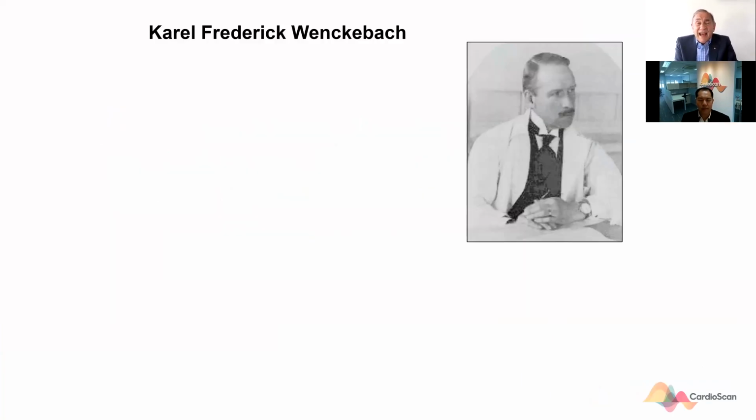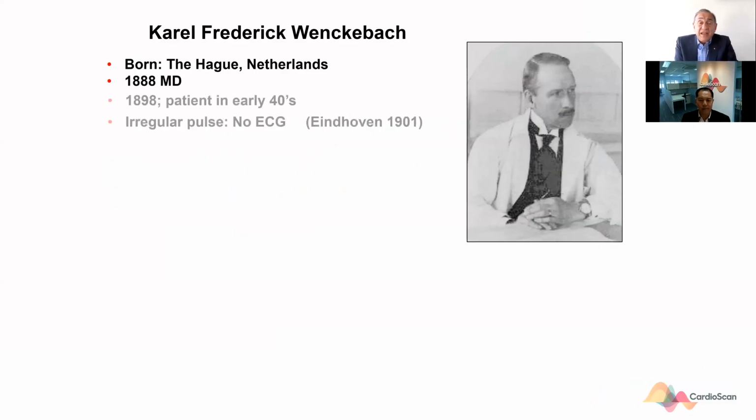Let us ask who Carl Friedrich Wenckebach was. He was born in The Hague, Netherlands, and in 1888 got his MD, and in 1898 saw a patient in her early 40s with an irregular pulse.